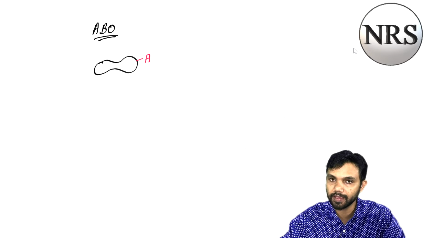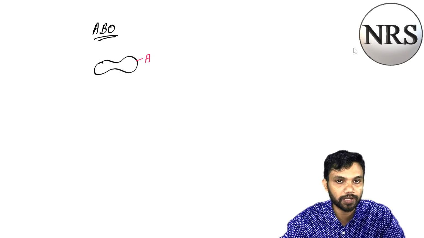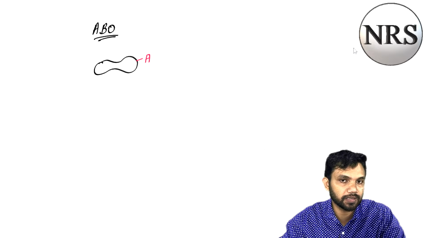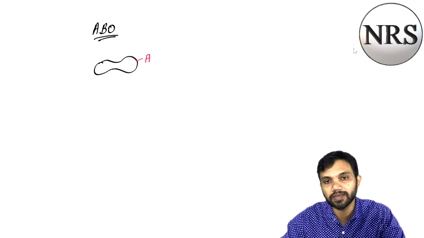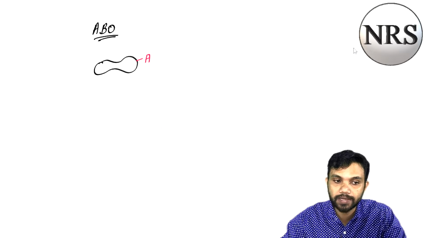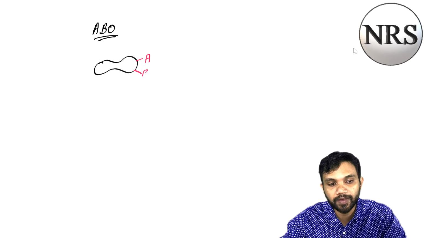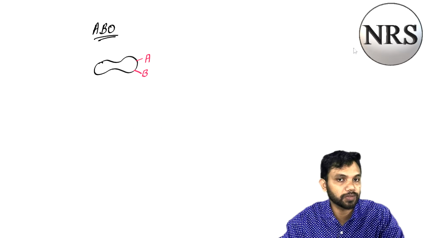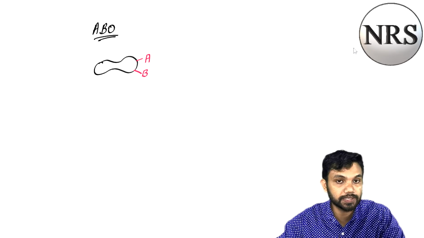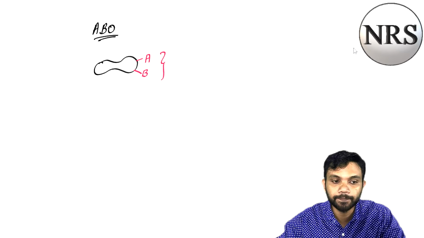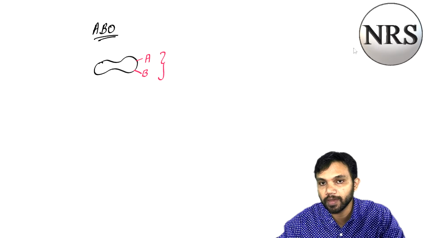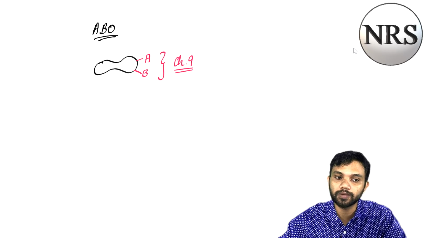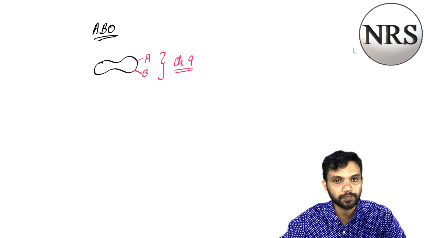This is a glycoprotein, and it is called an antigen. We have A antigen and B antigen, two different types of antigens present on the surface of the RBCs, and these AB antigens are controlled by a gene present on chromosome 9.